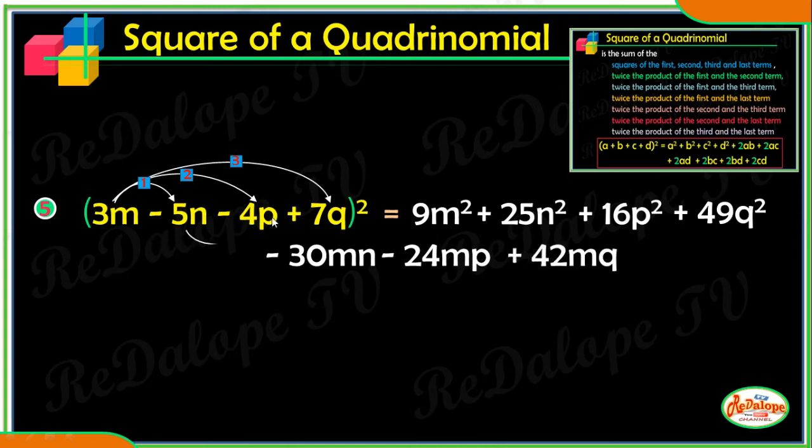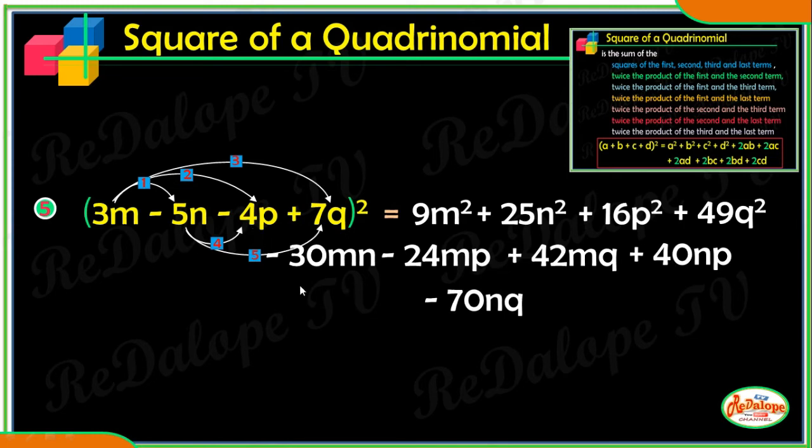Negative 5n times negative 4p, so that is positive 20np times 2, so that is positive 40np. Negative 5n times 7q, so that is negative 35nq times 2, so that is negative 70nq.